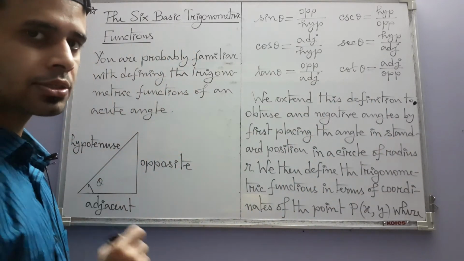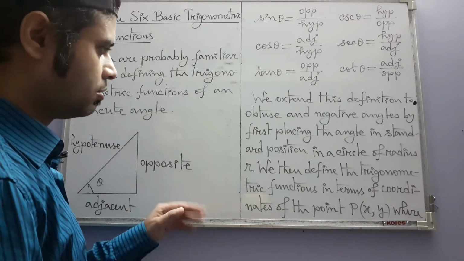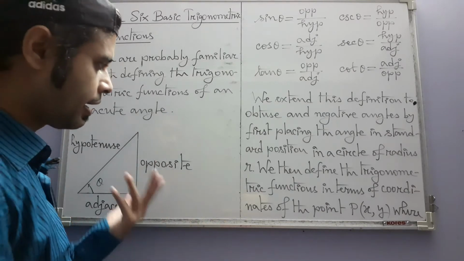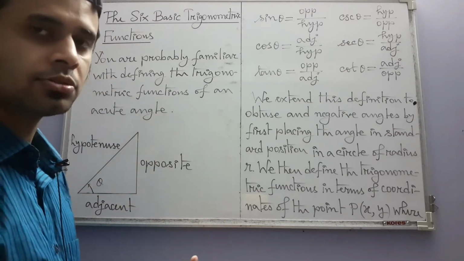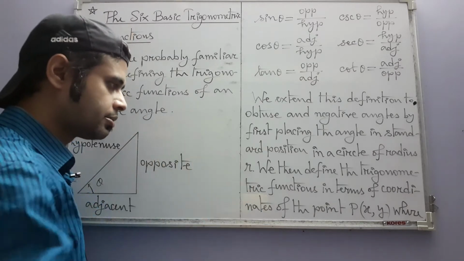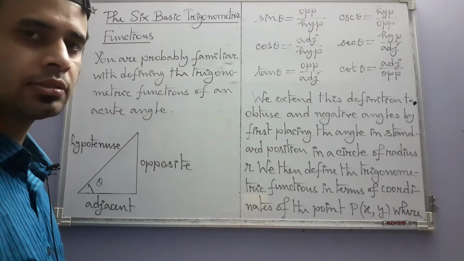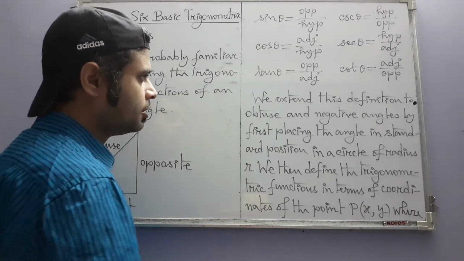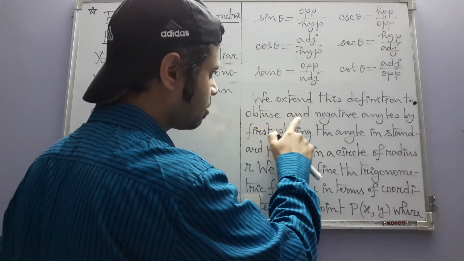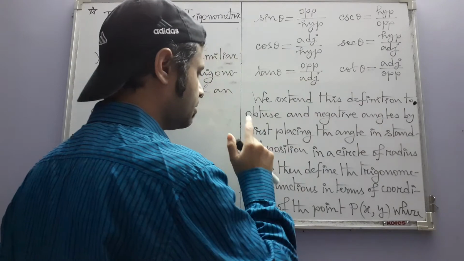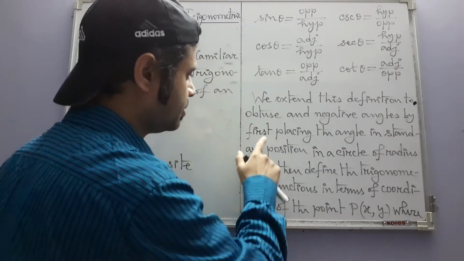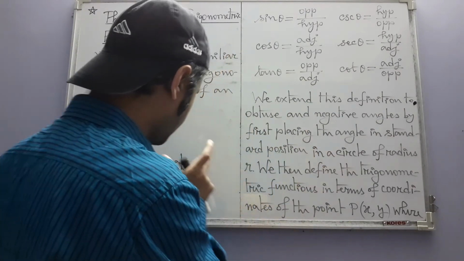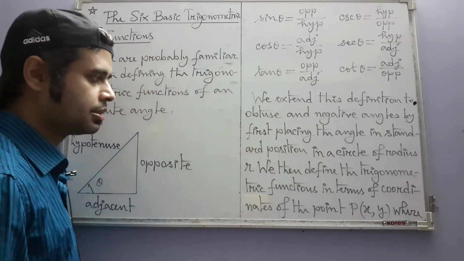Now we are going to extend this to negative angles and angles which are not acute, obtuse angles, in fact angles exceeding 360 degrees. So we extend this definition to obtuse and negative angles in what way? By first placing our angle in the standard position.